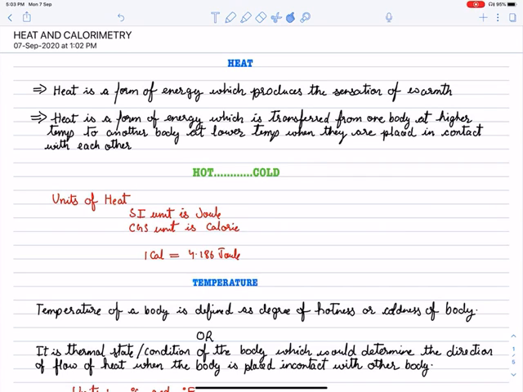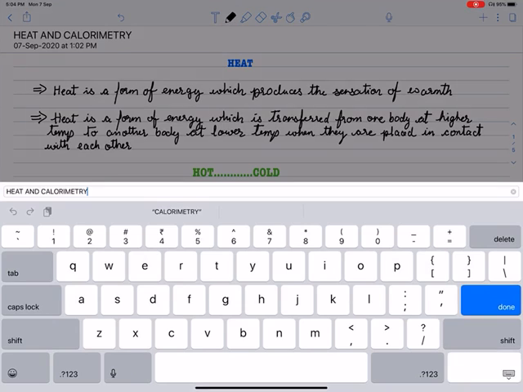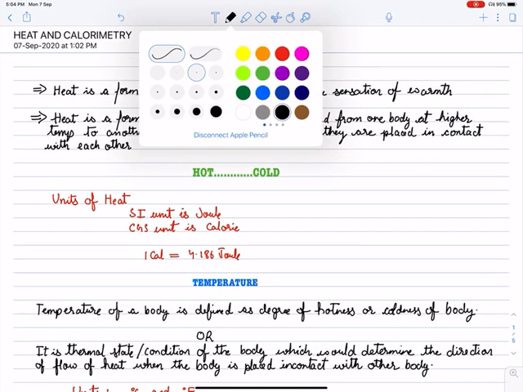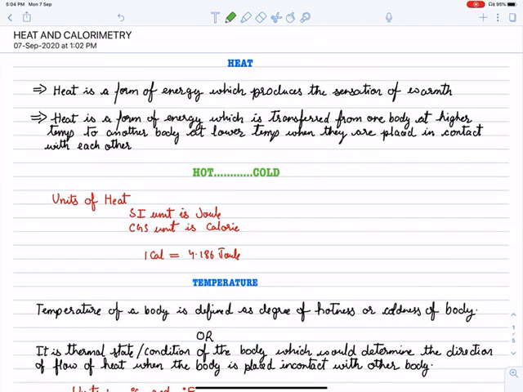So what you can remember is: what is heat? Heat flows from hot body to cold body. I have highlighted it in green also, so hot to cold, hot to cold.